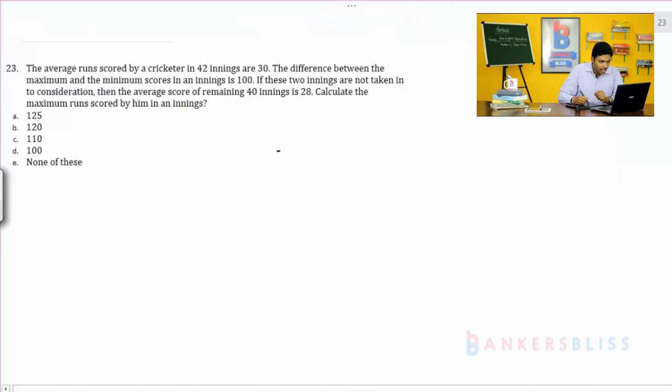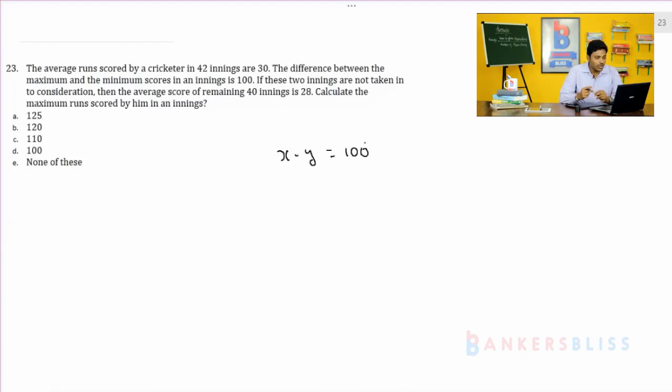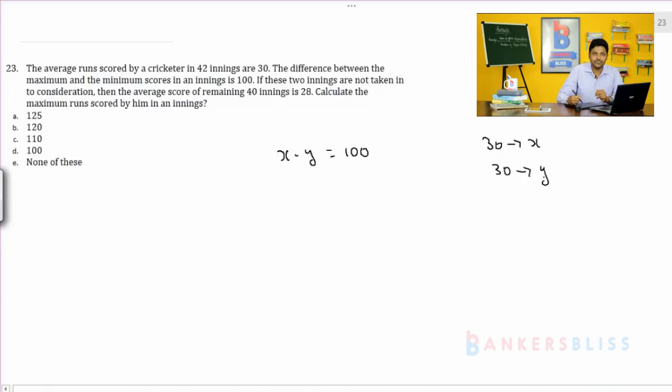So, x minus y is equal to 100. Consider x is maximum and y is minimum. If these two innings are not taken, meaning the maximum score and minimum score are not taken into consideration, then the average score of the remaining 40 innings is 28. Now the average is 30, so x is 30, y is also 30.